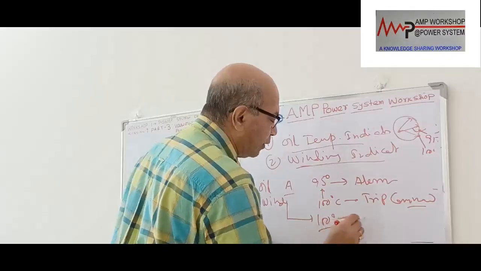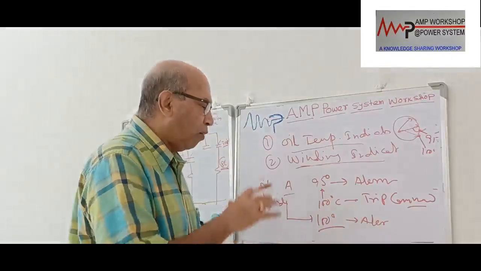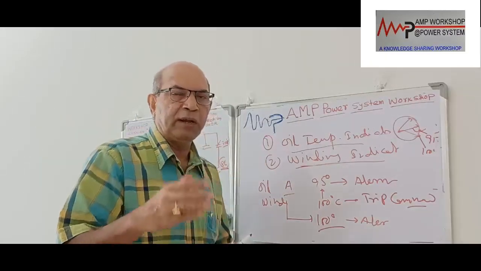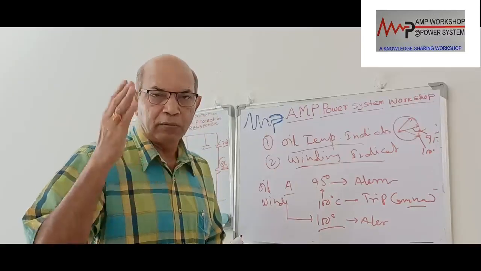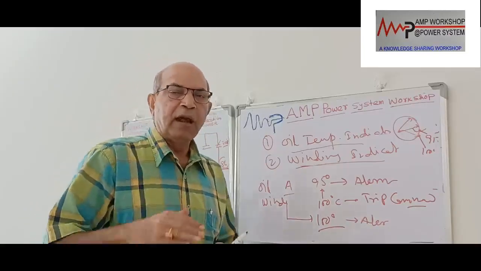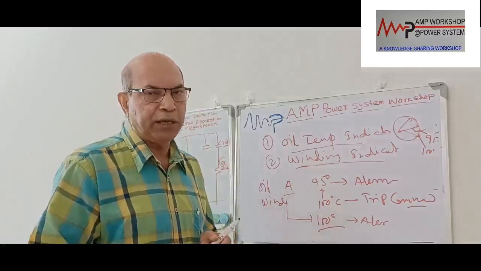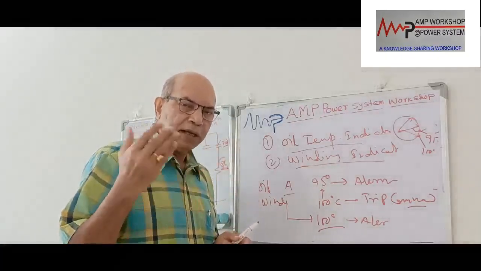This is the alarm point, because if you see the heating cycle, the winding is getting heated, then that heat is taken by the oil, and the oil conducts through the transformer tank, but that hot oil is getting cooled by the outside atmospheric air. So the winding temperature rise will always be higher than the oil temperature.